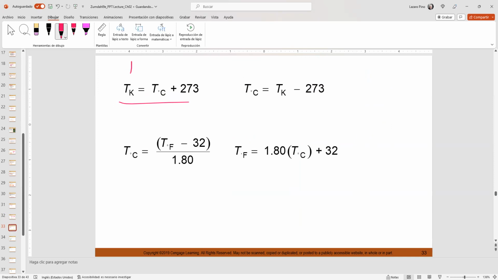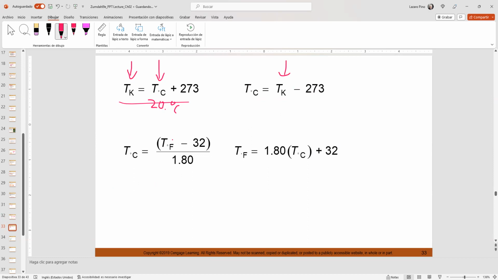For example, in order to get Kelvin from Celsius, you have to add 273. For example, 20 Celsius degrees to Kelvin is 293. If you want to go from Kelvin to Celsius, you have to subtract 273.